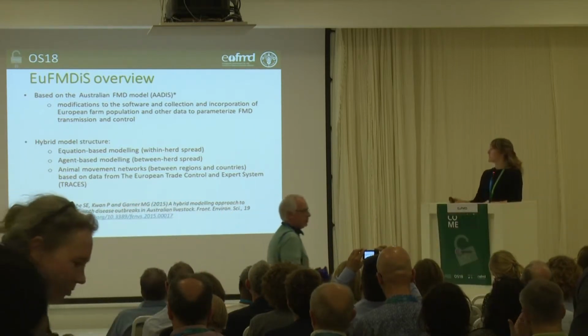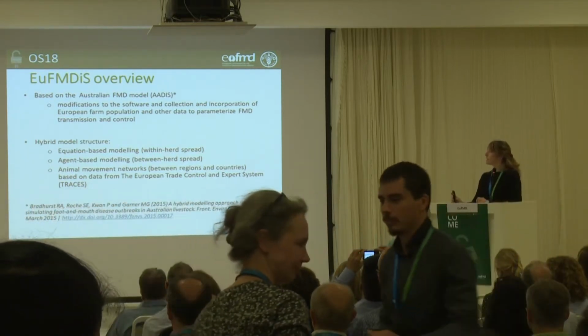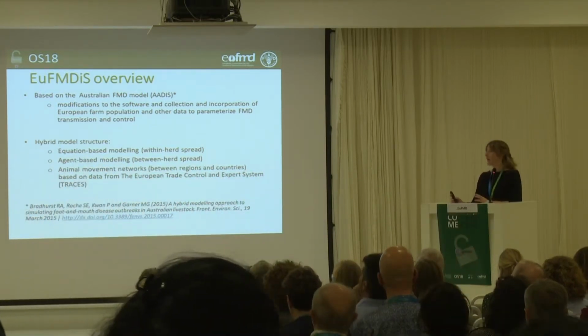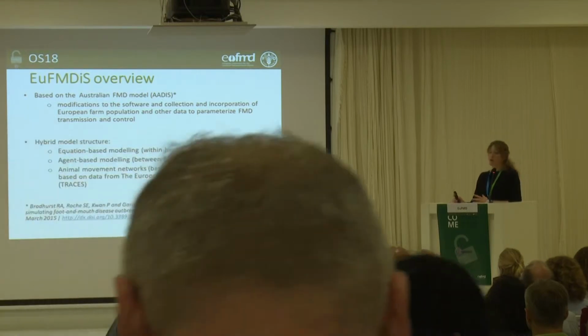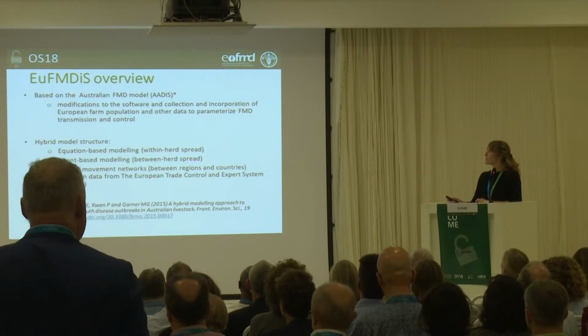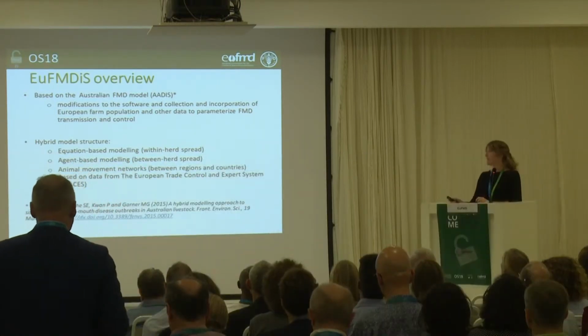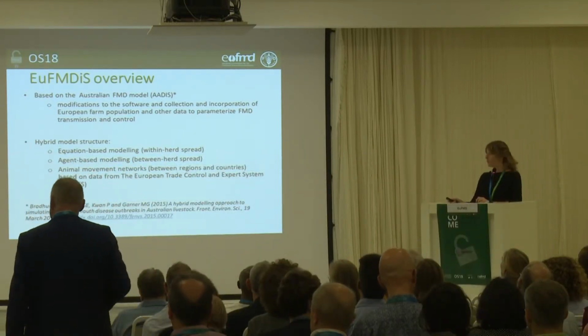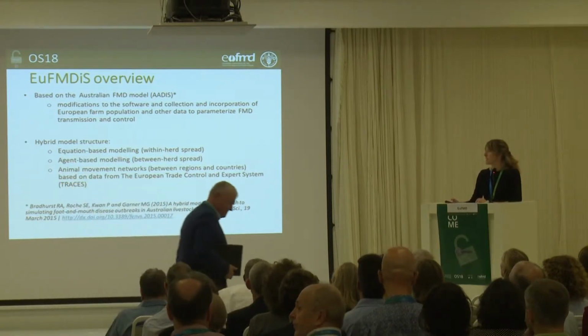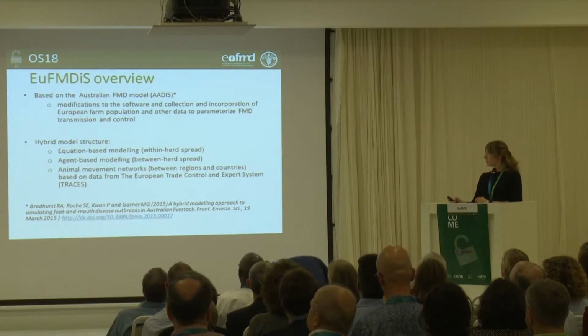EuFMDiS is based on the Australian animal disease spread model, and some modifications have been done, and also European data have been incorporated on the European farm population and other data to parameterize FMD transmission and control. EuFMDiS is a model with a hybrid structure.